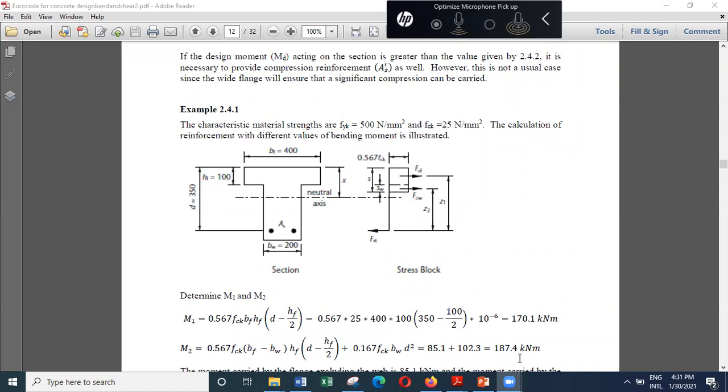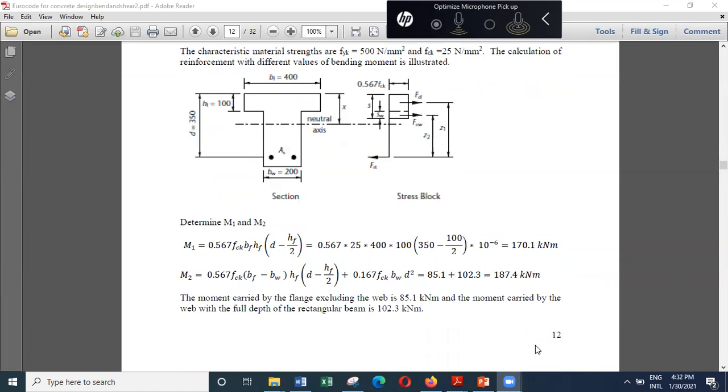And as I explained you earlier, these two will not have a big difference, because in one case we consider this area as in compression. In the next situation, we consider a little more of this area also in compression. So the compression area increases only by a little margin. Because of that reason, these two values will be fairly close.